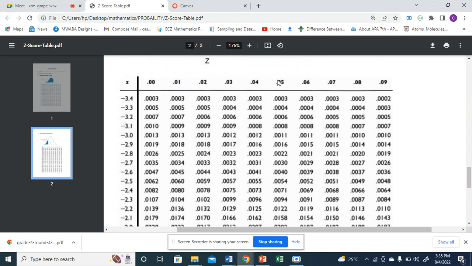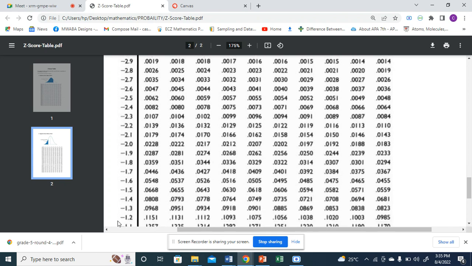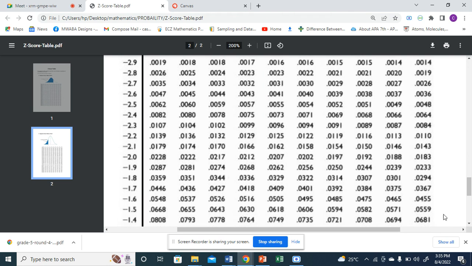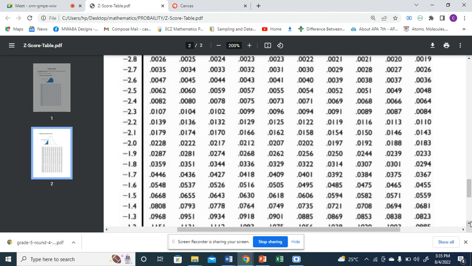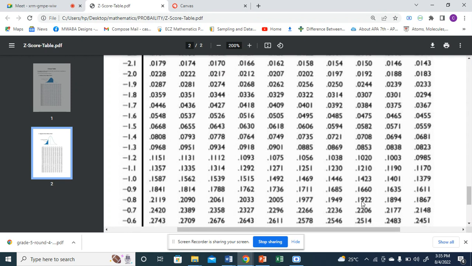So our column is here, 0.05. Then we have negative 1.2. So 1, 2, 3, 4, 5, 6. So this is our probability, 0.1056. This is our probability less than.